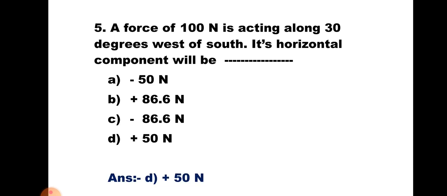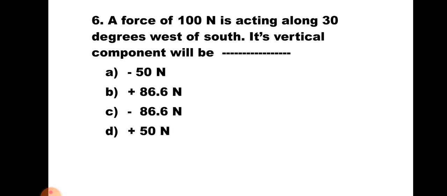Plus 50. Question number 6. A force of 100 Newton is acting along 30 degrees west of south. Its vertical component will be A. minus 50 Newton, B. plus 86.6 Newton, C. minus 86.6 Newton, and D. plus 50 Newton. Now this is the same force as in the previous question, only now it is asked vertical component.